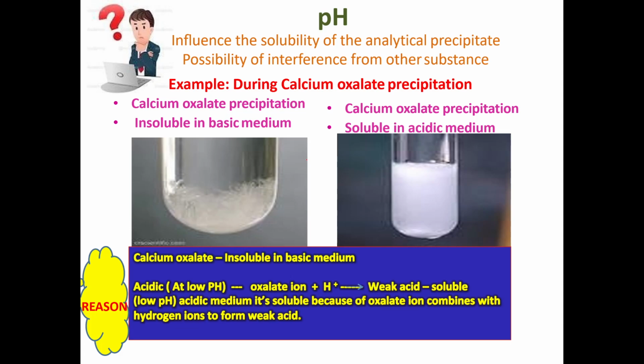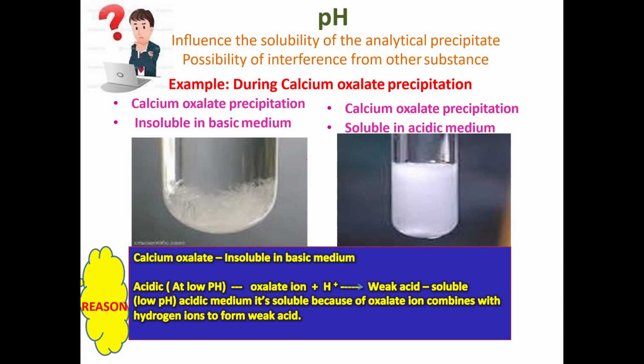So why is pH a factor? pH can influence the solubility of the analytical precipitate and the possibility of interference from other substances. For example, in calcium oxalate precipitation, in a basic medium the calcium oxalate will become the precipitate. If the solution is in acidic condition, what happens to the calcium oxalate?